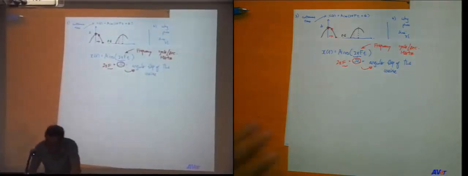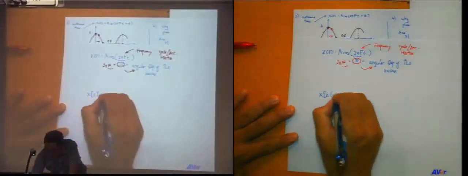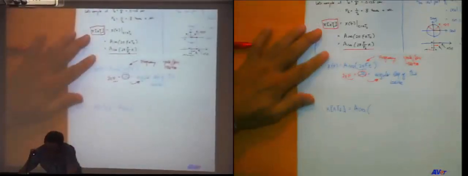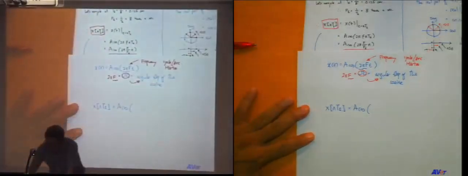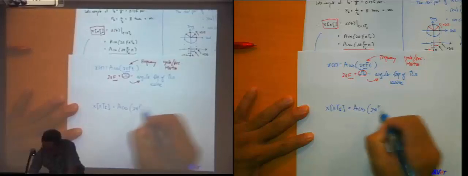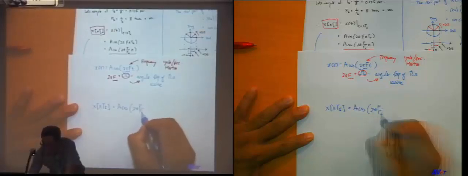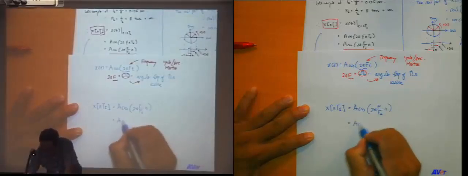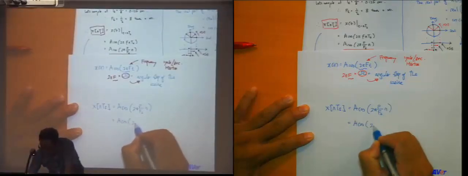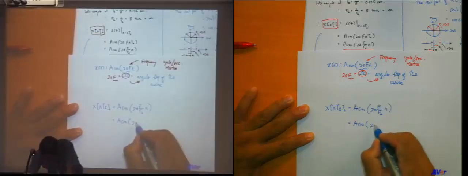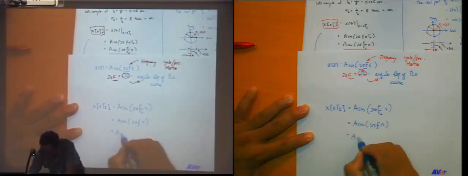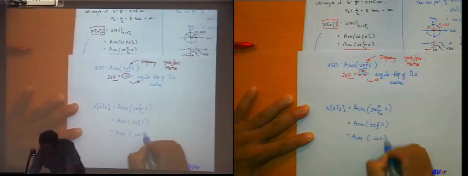And then we come to x of nTs equals A cosine of 2 pi big F, the original frequency of the signal, divided by the sampling frequency, times n. We can also write it as A cos 2 pi small f n, and we can also write it as A cos small omega n.